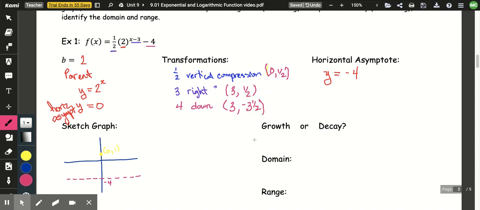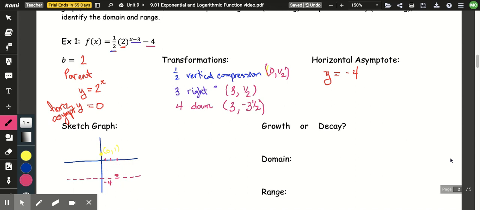I'm not normally a big fan of mixed numbers, but for graphing purposes, the mixed numbers really are nicer. So I'm going to go ahead and plot that point there. So to the right 3, and then down 3.5. That would be just a little bit above that horizontal asymptote that I have there.